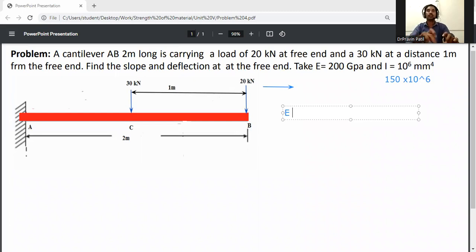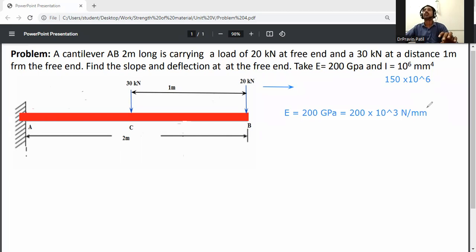E is given as 200 GPa, so convert it to Newton per mm square: 200 into 10 raised to the power 3 Newton per mm square.